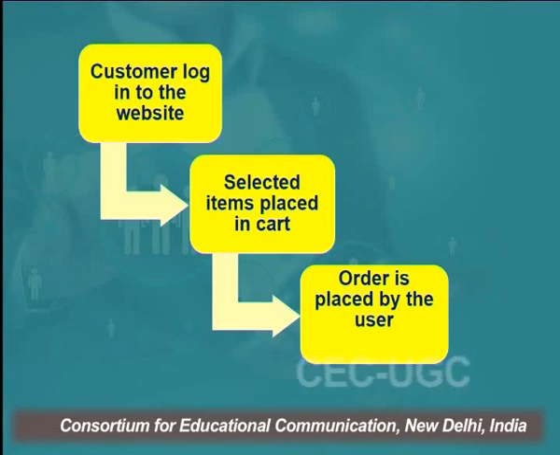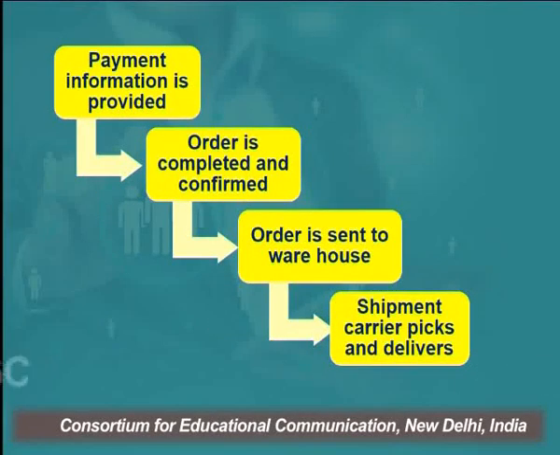The customer first logs in, selects the items required and places them into the virtual shopping cart, and the order is placed. Once all products have been added, the shopping cart is ready for processing. Then payment information is provided by the user, and different options are available.